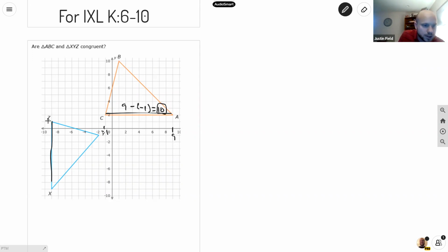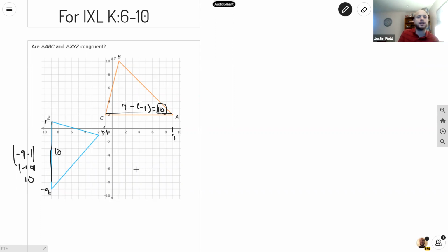Okay, how about this one? It goes, oh, look at that. That's -9. That's 1. So this is -10, but then when you take the absolute value, because we're talking about distance, we want to take the absolute value, and that would be 10.